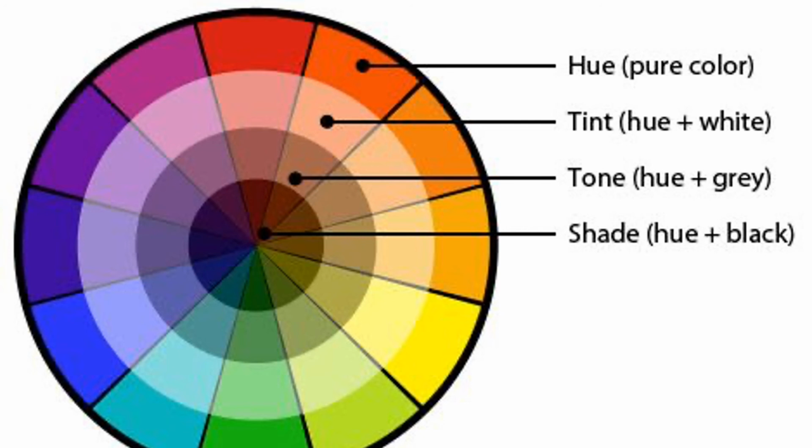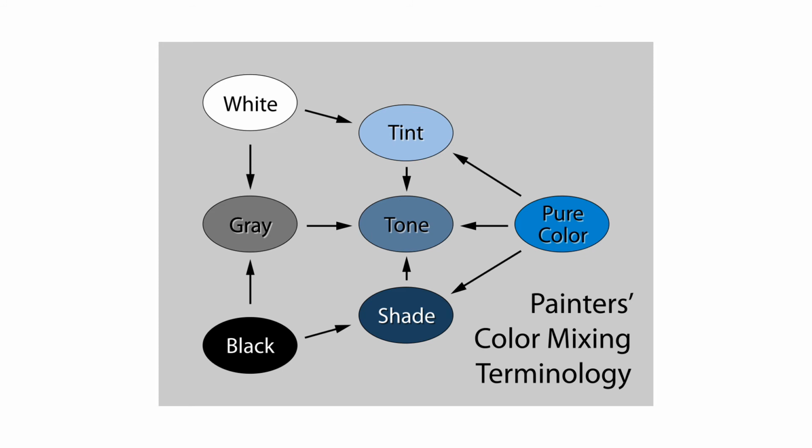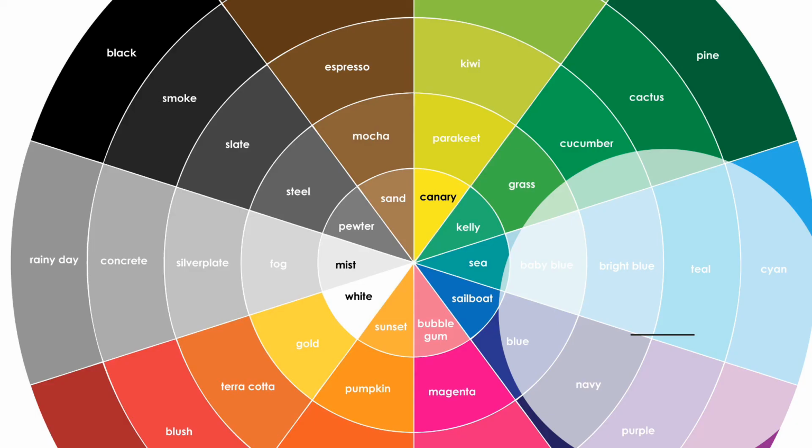A shade is going to be that color plus black. And so this can go on, and it doesn't have to be just four principal colors. It can be even more and greater. Here is another illustration of what a tint is, a tone, and a shade. And then this can go on for quite a while.